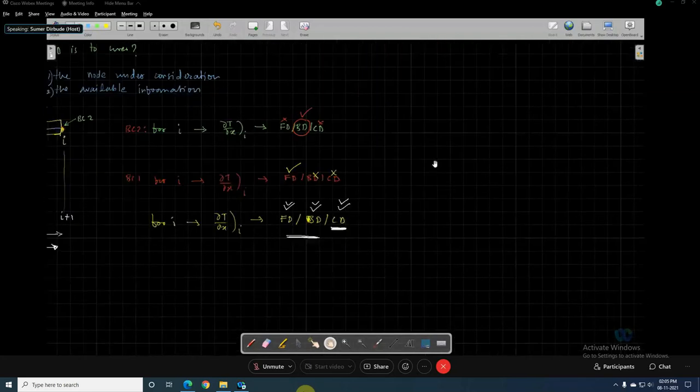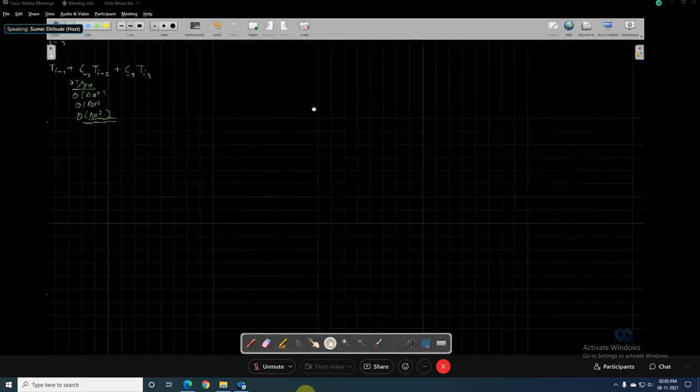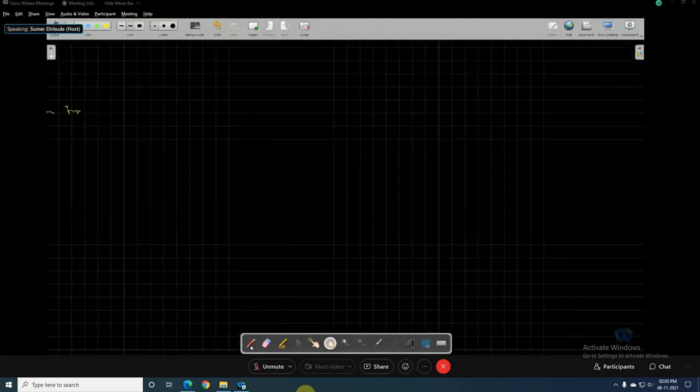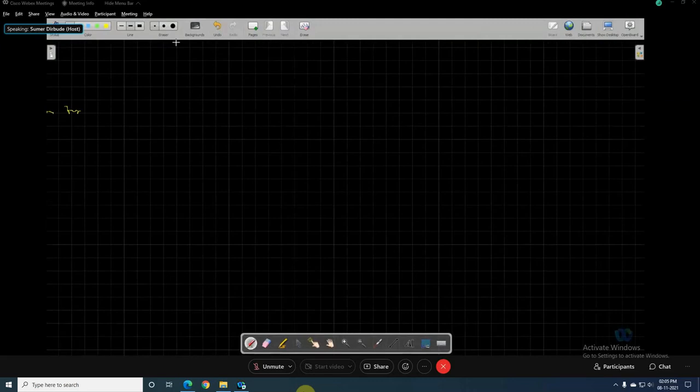Now there is another method of deriving these finite difference expressions, called the polynomial method.